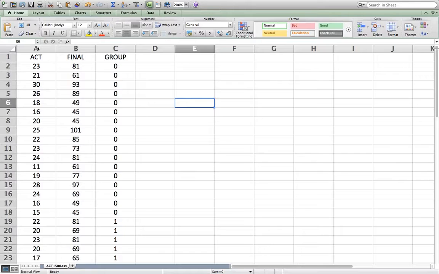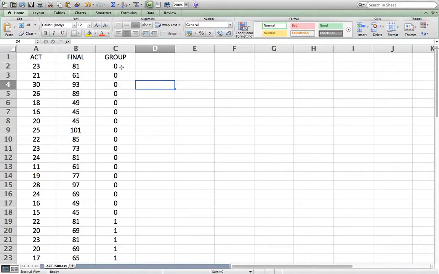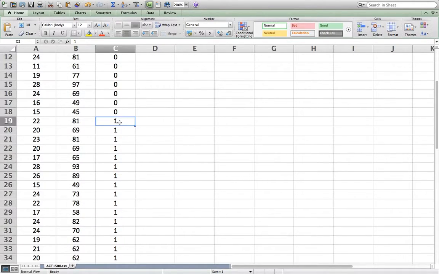So what we've got here is final exam score, and these types of studies are done a lot at Shawnee State, especially in developmental math. And there's a group, and let's just say for the sake of discussion that group 0 is traditional instruction. And if you come down, you'll see that we have group 1.